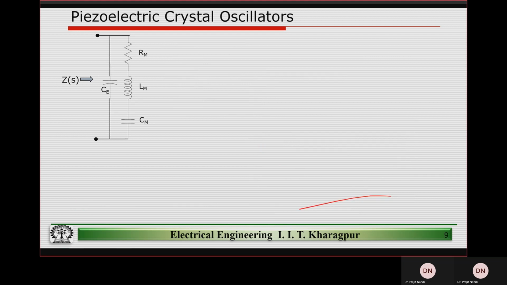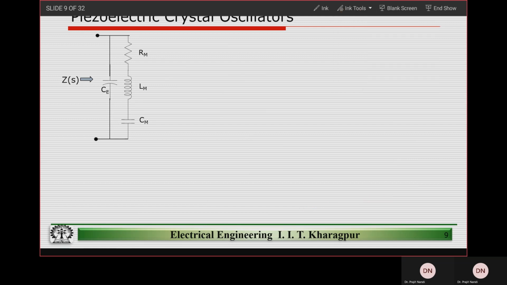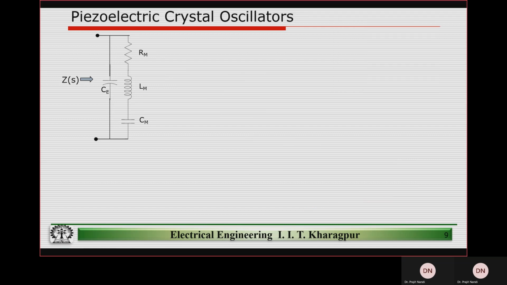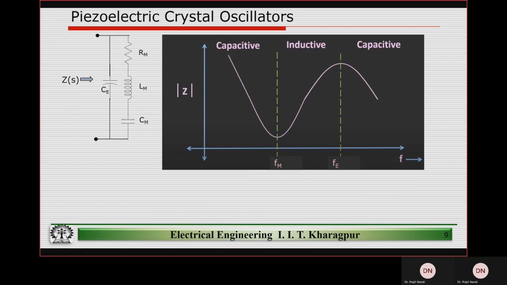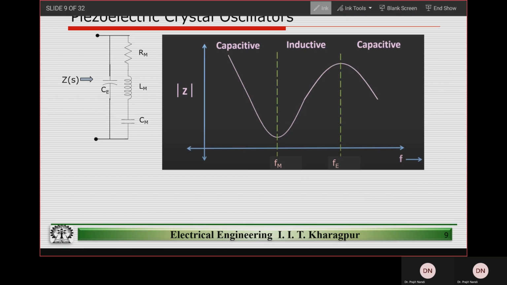So this is the overall impedance, and this is how the impedance is going to vary. The low frequency behavior will be capacitive in nature. This we can find intuitively, because capacitors at low frequency offer very high impedance. So the impedance value is very high at low frequencies.